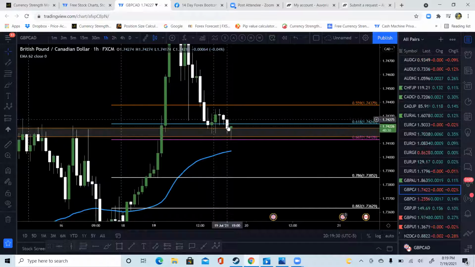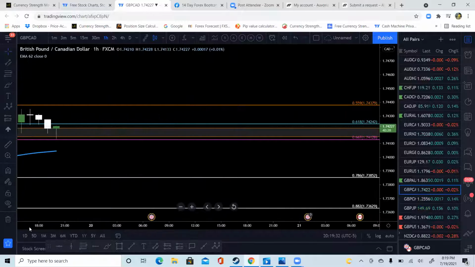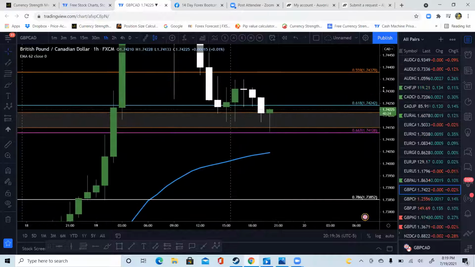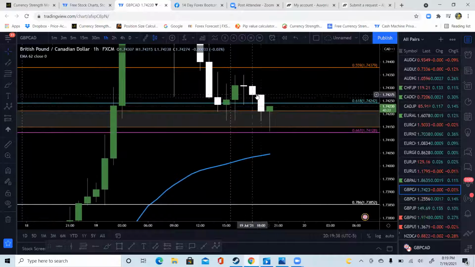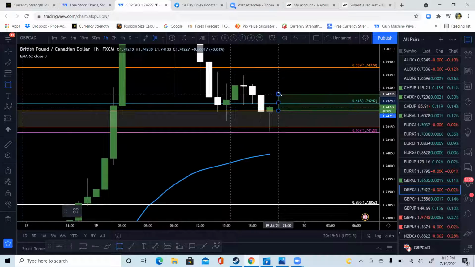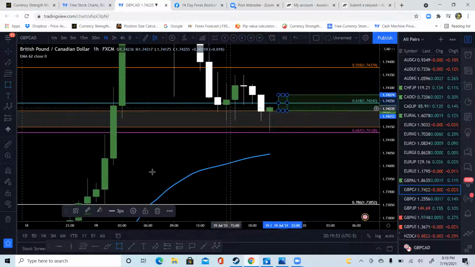Think about this. Like, look at these last two candles. You have your downward candle, then you have your hammer. And what if the next candle is like this?